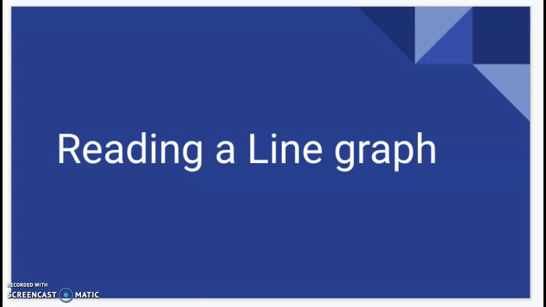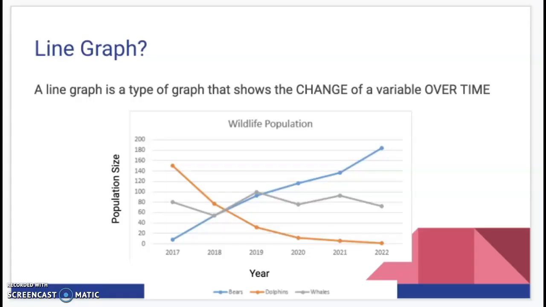It is your school lunch summative, and part of that deals with analyzing the trends in a line graph. So I wanted to take a few minutes to go over what a line graph is and how to look at a trend in a line graph. Okay, so a line graph is a type of graph that shows the change of a variable over time.